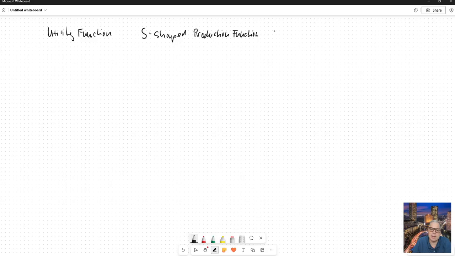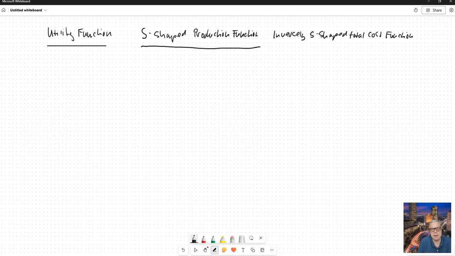And then we had an inversely S-shaped total cost function. Those are three regularly occurring functions in economics, and I'll just stylize them quickly before we look at some examples.